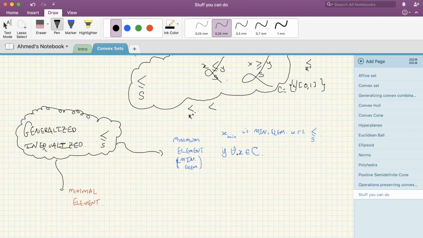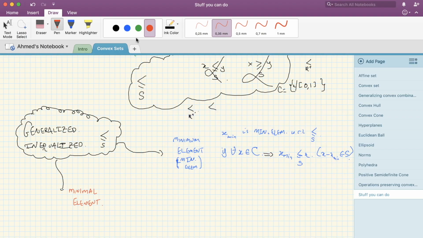Simply, if you pick any x in C, it has to be that x_min is less than or equal to x with respect to S. So you cannot pick another element which is less than x_min in this sense, which means that x minus x_min is in S. Is that clear? Okay, now this is what a minimum element is.